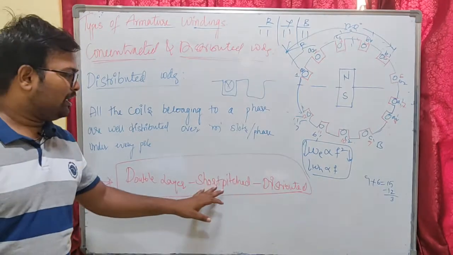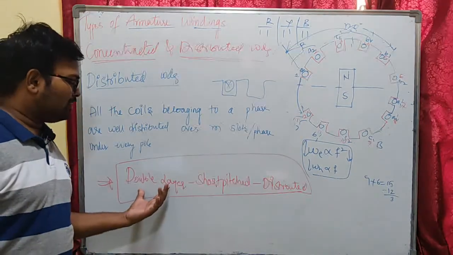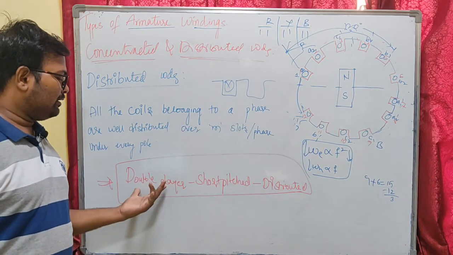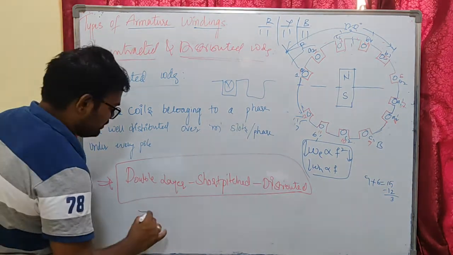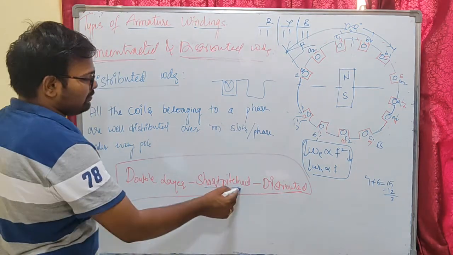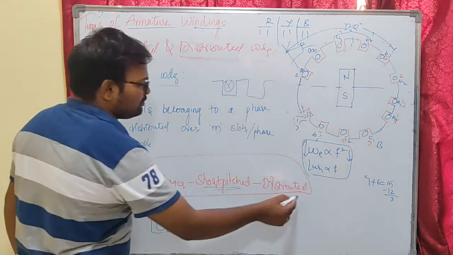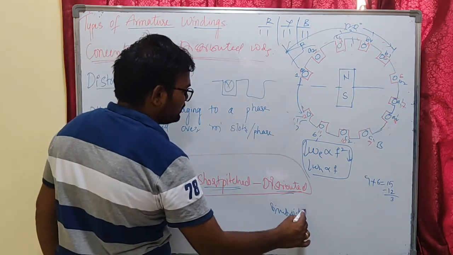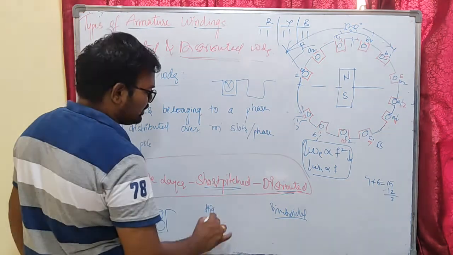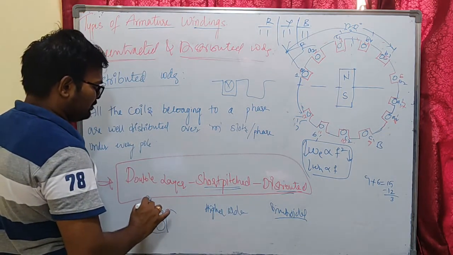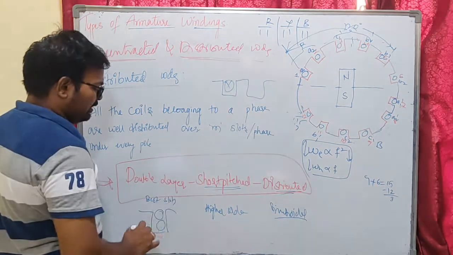Double layer means we are going to use all the slots, making use of the empty place in the slots. By short pitching we are going to eliminate the higher order harmonics, and by distributing we are going to get a nearly sinusoidal waveform. This is for sinusoidal waveform, this is for higher order harmonics elimination, and this is for best use of slots.